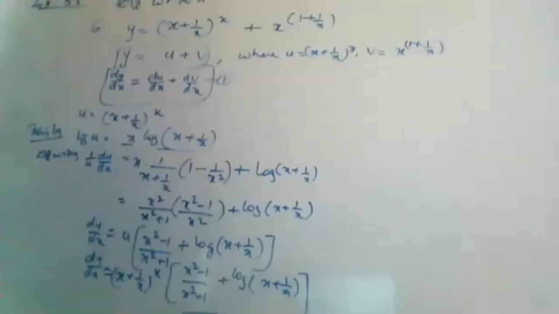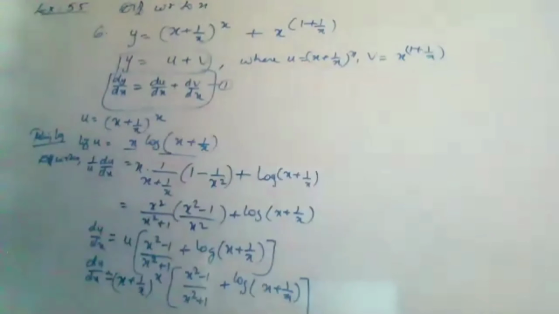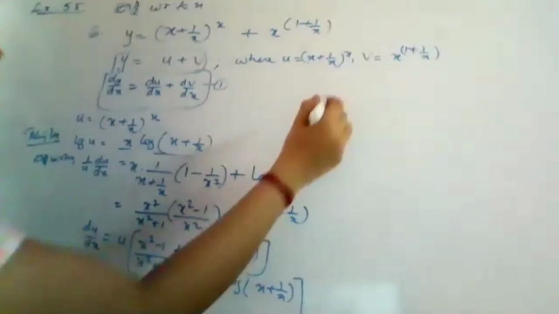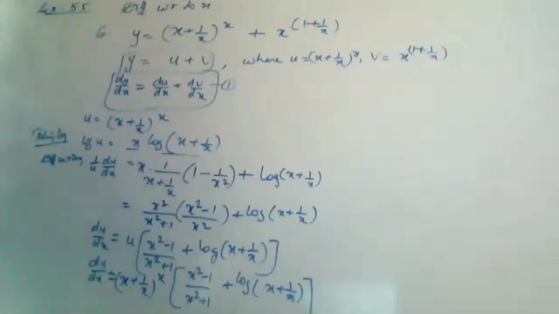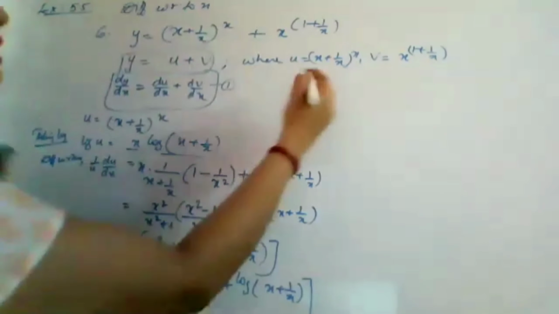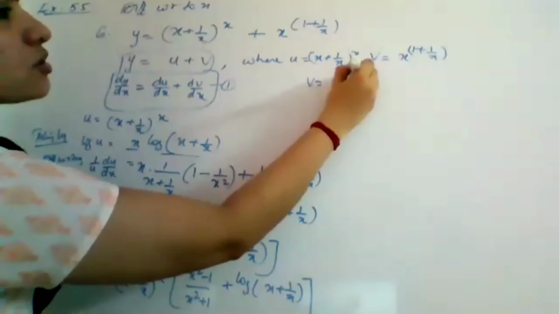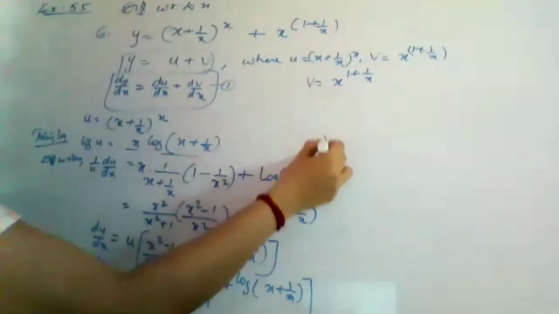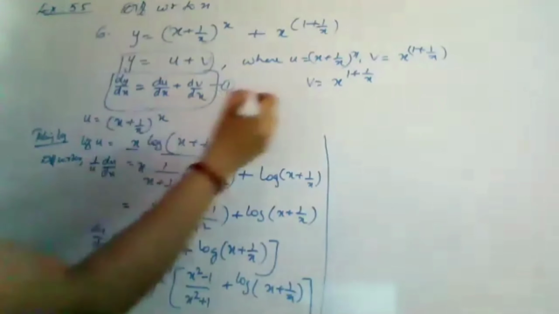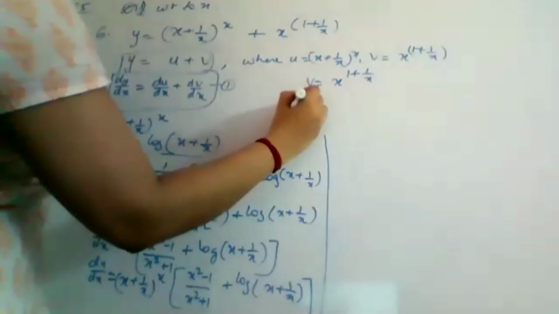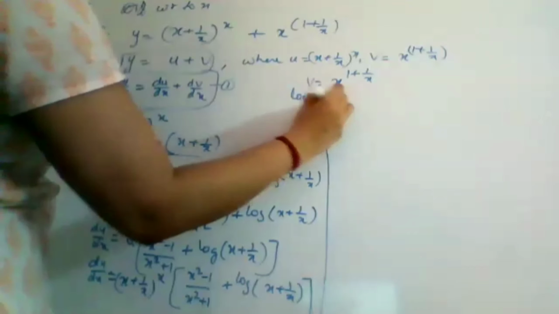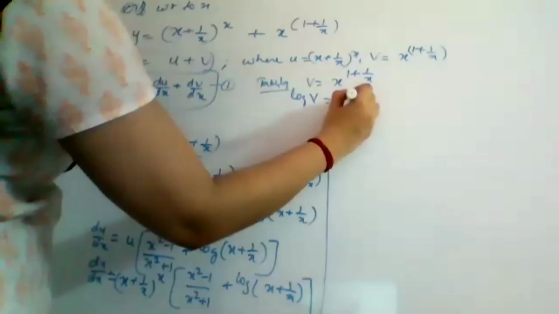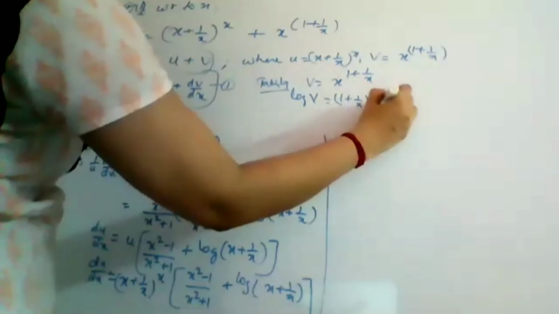Okay. Now you want to find out dv by dx. For that you have to start with v is equal to x raised to 1 plus 1 by x. Again you will take log on both sides. You will get log v is equal to (1 plus 1 by x) times log x.